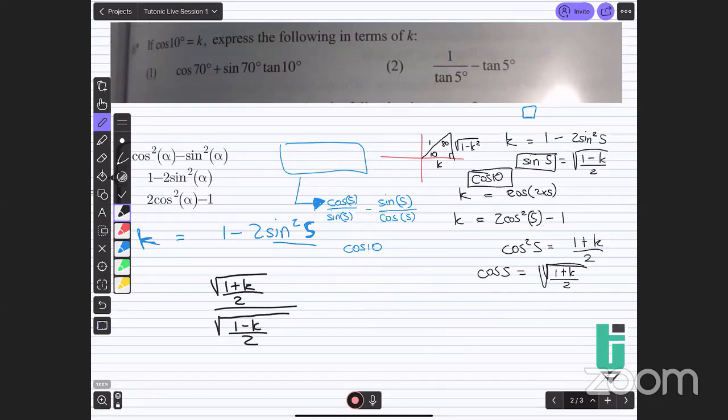I'm pretty sure you can simplify that. Anyway, it's root 1 plus k over 2 over root 1 minus k over 2.